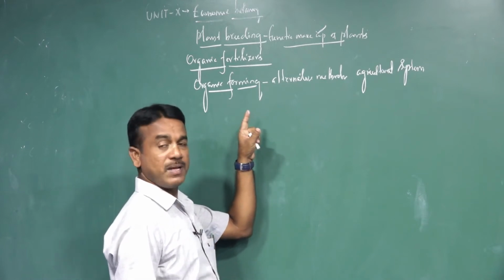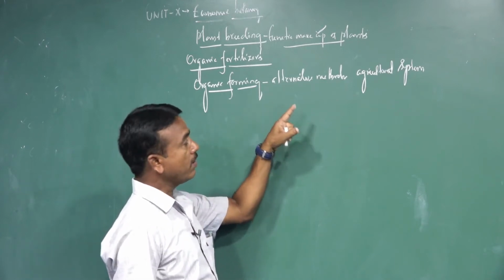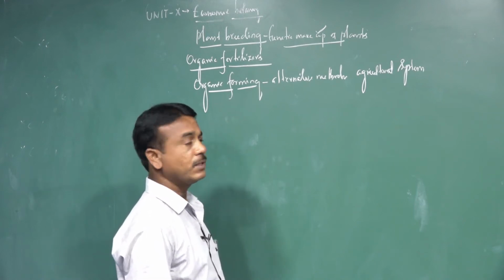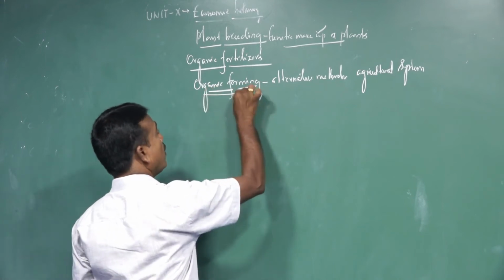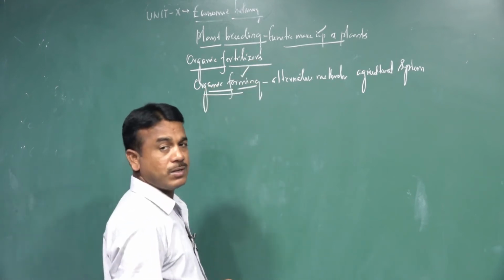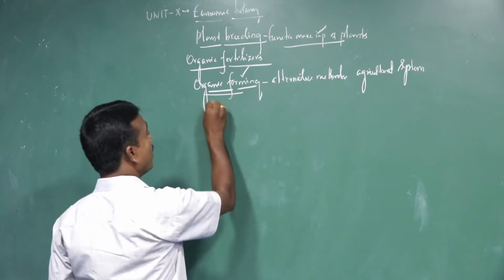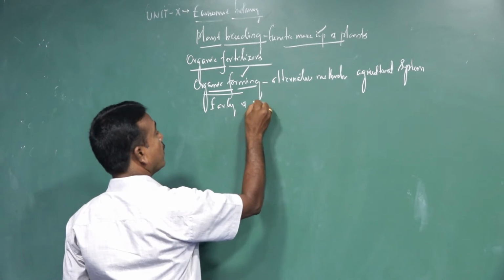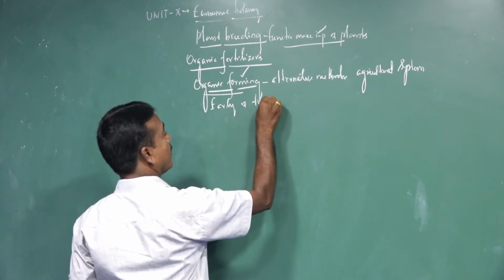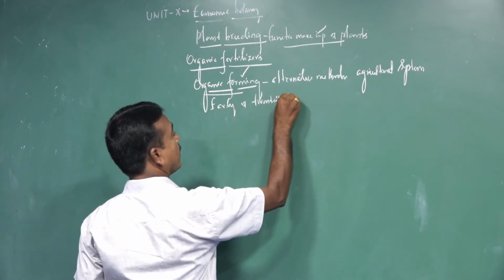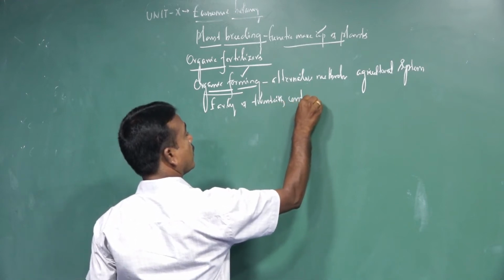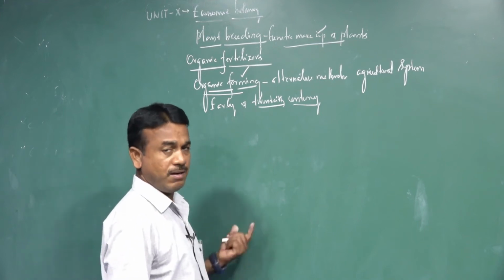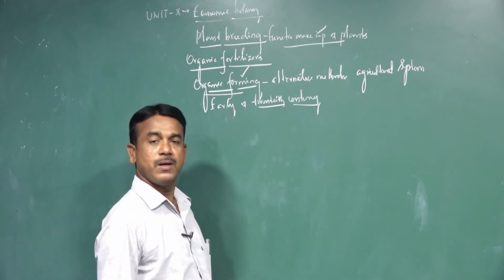So organic farming is an alternate form of agriculture system or agriculture method. Organic farming originated in the early 20th century. This kind of farming system was developed in the early 20th century.